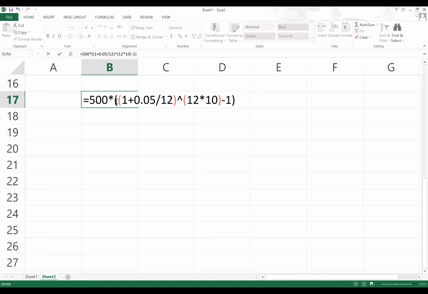That will take care of the numerator, and divide by the denominator, putting in parentheses 0.05 over 12. I'll give you some time to look at this formula, since this is the first time we're using the future value of annuity. Once you have the right input, you get a result right away.